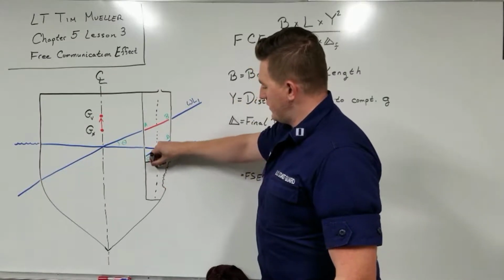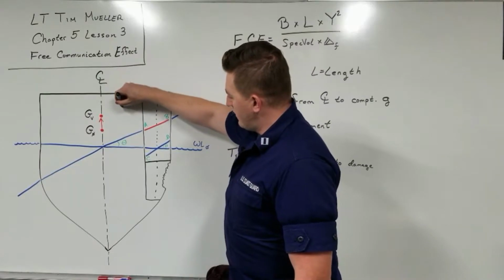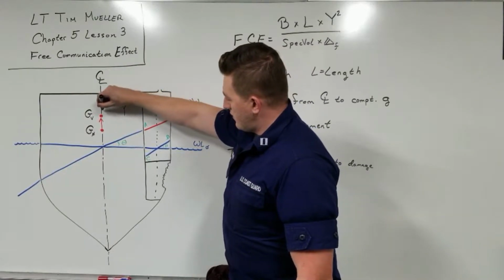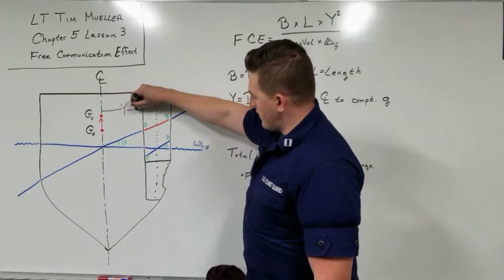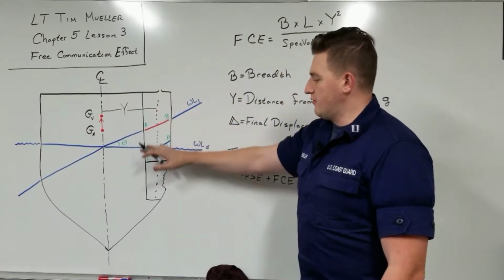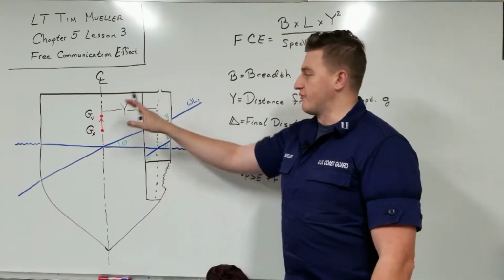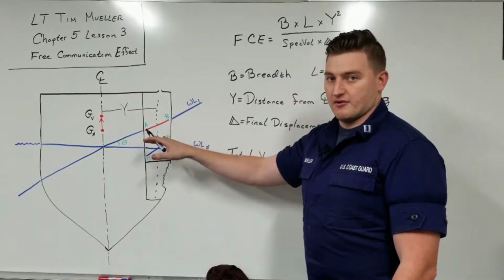So our Y would be this distance right here, going from the center line to where the center of gravity is. It's the horizontal distance from center line to the center of gravity.